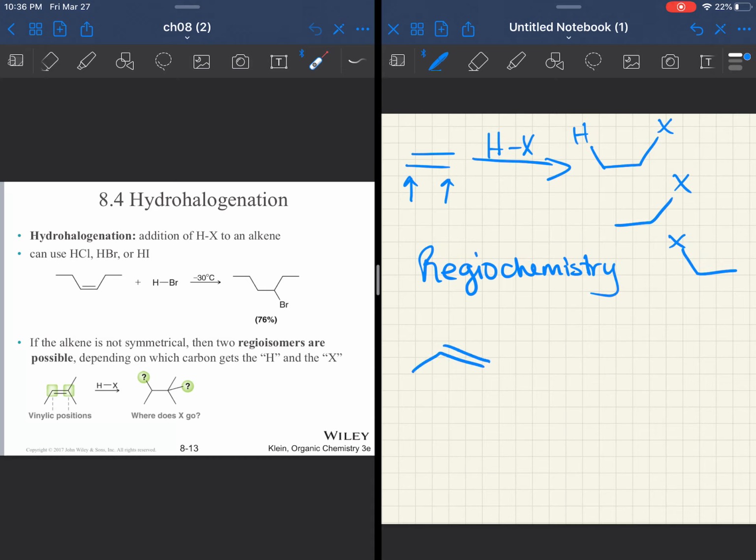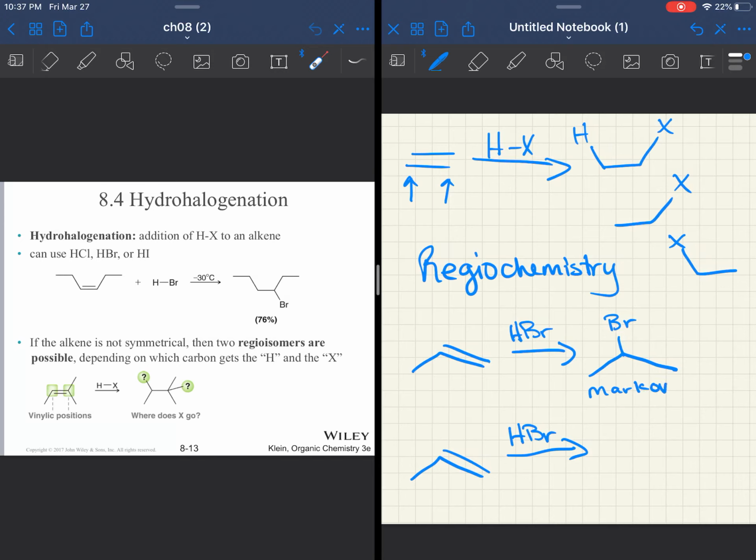But what about when we have an asymmetric double bond? How do I predict which side it's going to go to? Well, this is part of what you're going to learn here, right? So you're going to find out we organic chemists are quite the control freak. So what we're going to see is that when we have an asymmetric double bond, the bromine goes to the more substituted side.